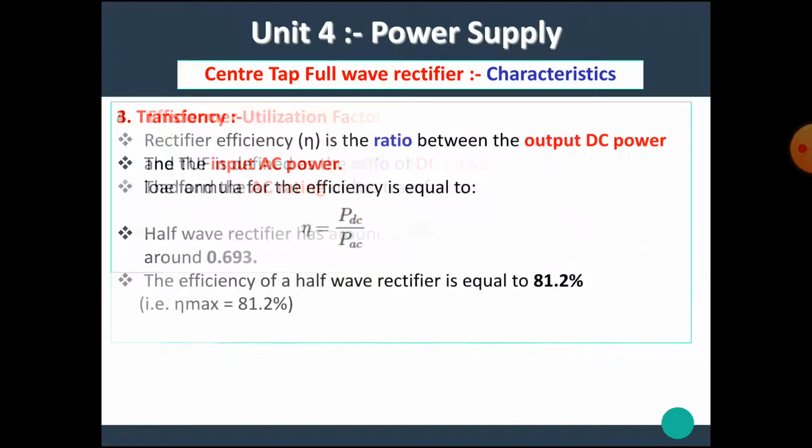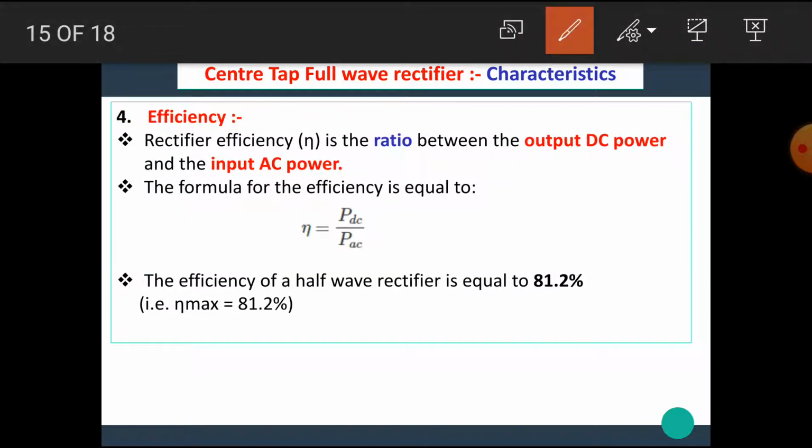Okay. The next factor is efficiency of the rectifier. This is a very main and important characteristic of the rectifier. Rectifier efficiency, eta, is the ratio between the output DC power and the input AC power. Here the formula for the efficiency is eta is equal to PDC upon PAC.